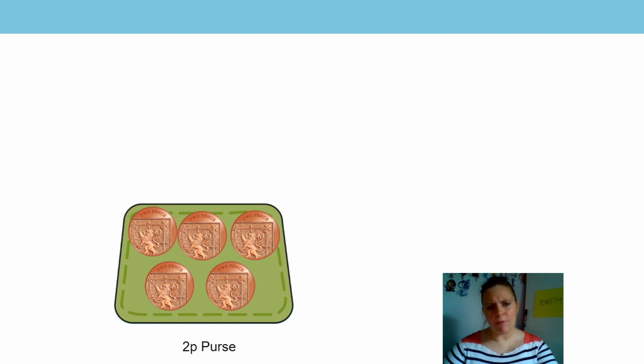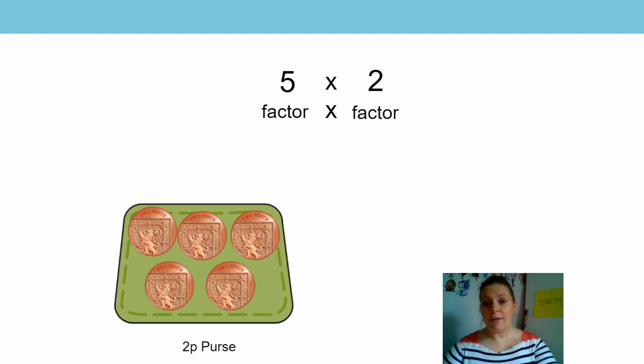My factors must be 5 and 2. 5 because there are 5 groups of 2, and the 2 because each of our groups is worth 2.